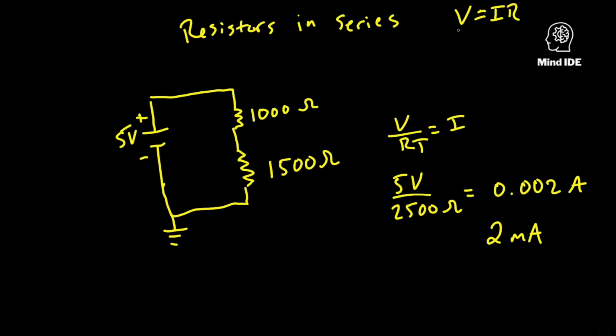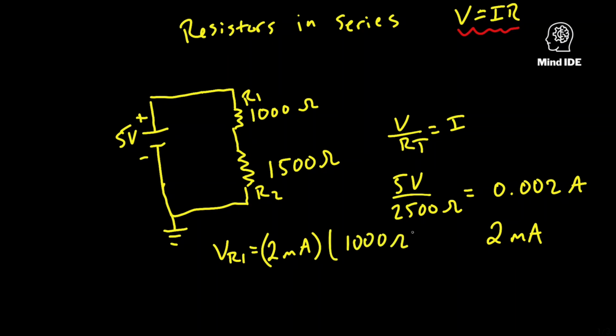And then we have this equation up here, we just use that again. So we want to find the voltage across, we'll call this R1 and this R2. So how you usually do this is V R1 equals I, which is 2 milliamps, and we multiply that by 1,000 ohms, which is 2 volts.